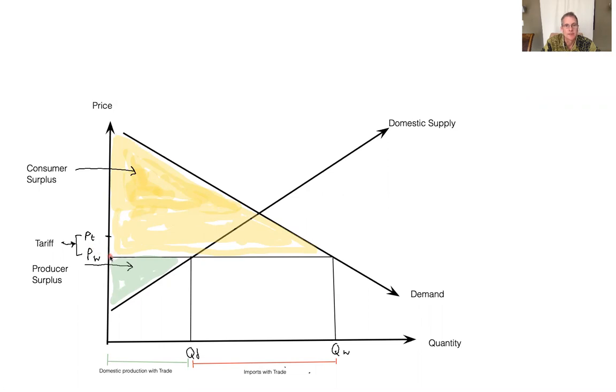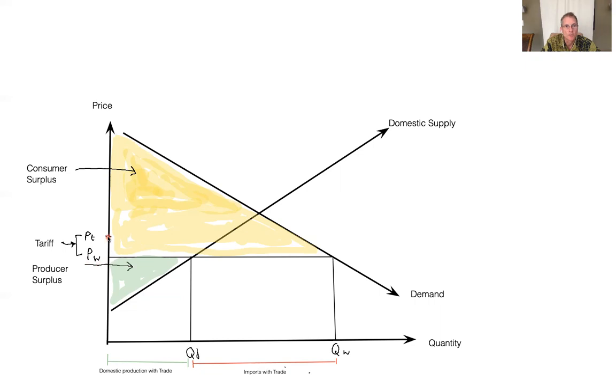So let's say it's 25 cents. So we've gone from 150 to 175. So the people on the boat are selling the tofu at 150, but as each tub of tofu gets unloaded in the port, 25 cents is charged to them.